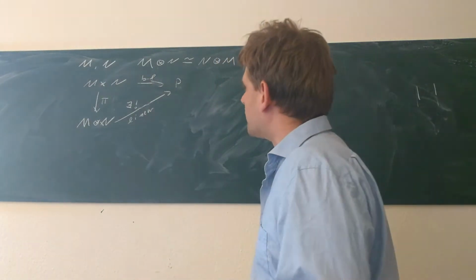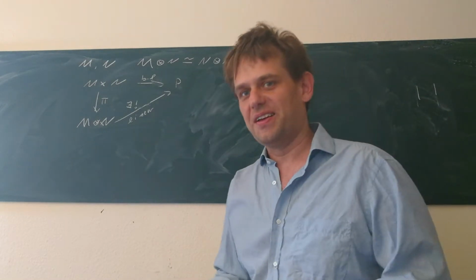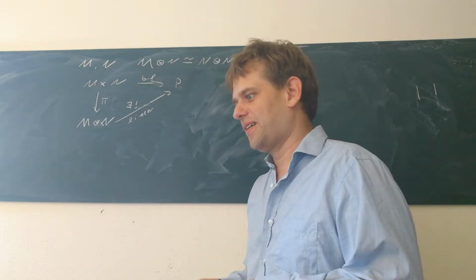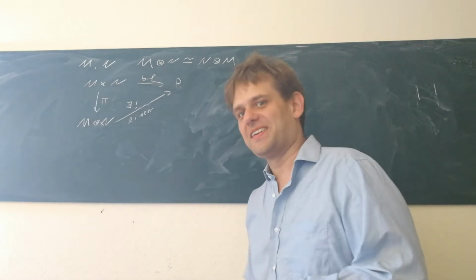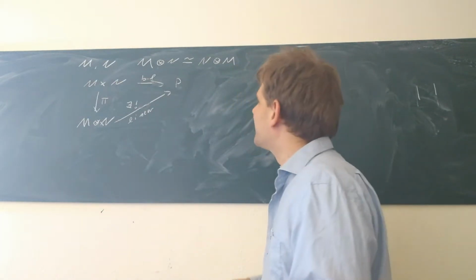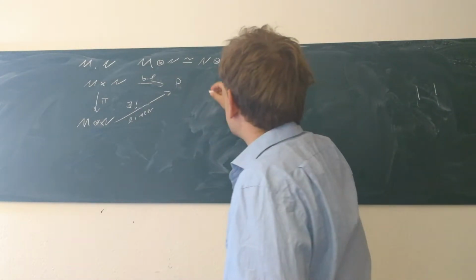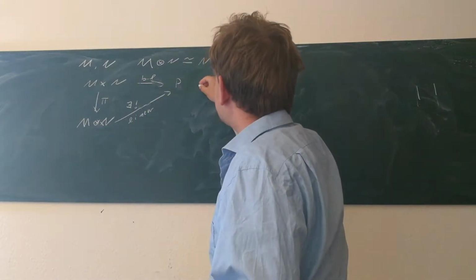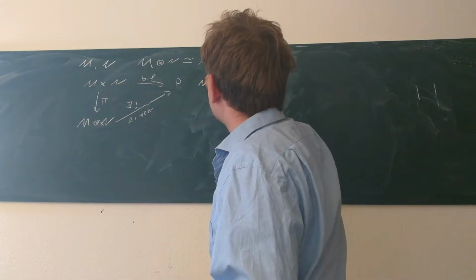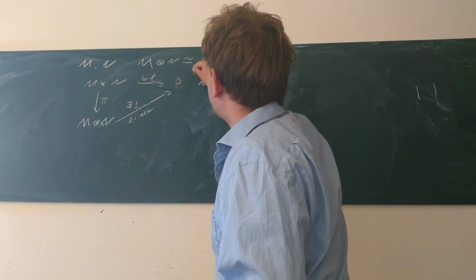You will see what I mean better by the time I'm doing it than by me trying to explain it in advance. So let's start. This is now the proof.